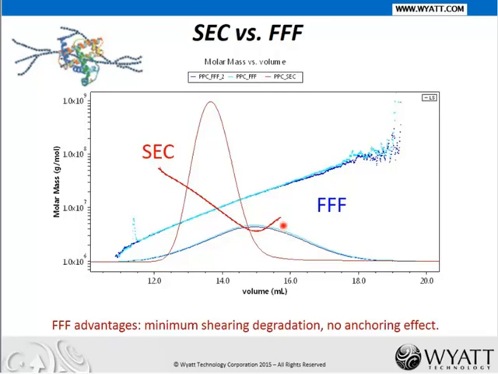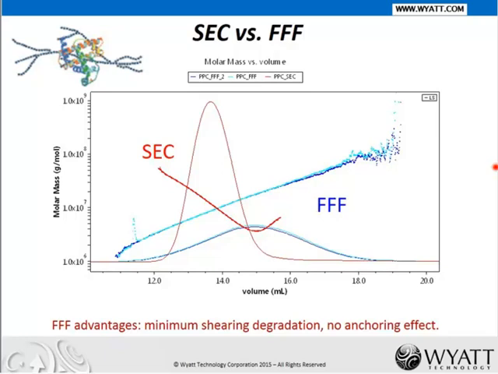This is likely caused by an effect called anchoring effect, and I will discuss a little bit more in the next slide. But this anchoring effect is not seen from the results from FFF. We can see the molecular weight from FFF monotonically increasing with elution volume. The results from 2 injections also are very reproducible.